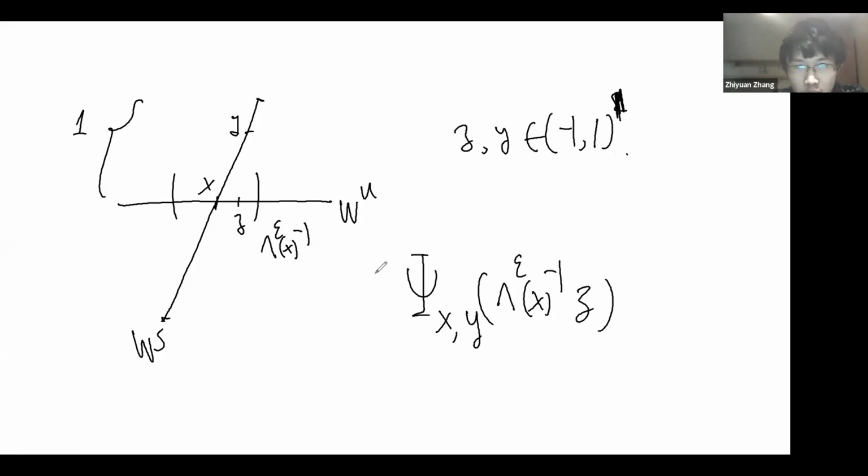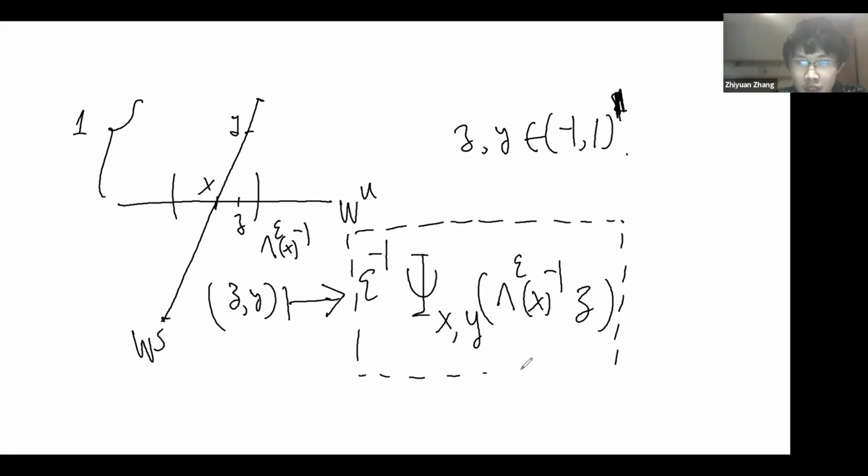Okay, we normalize it, then we get this function. We will take epsilon to be this inverse. So you consider this function. We want to find the scale so that this function lies in a bounded space, is bounded.